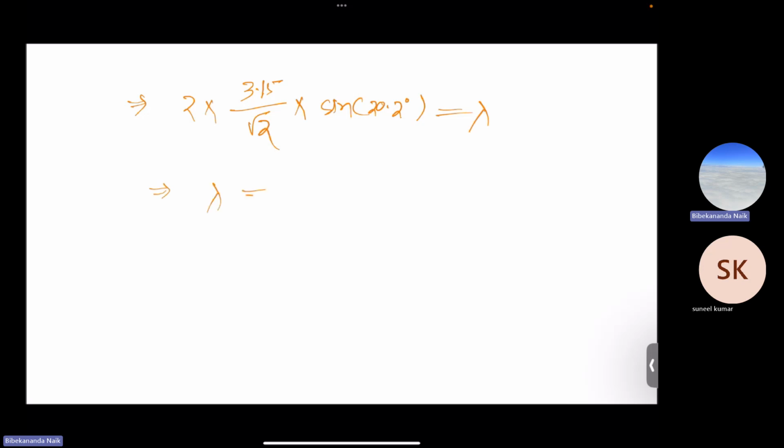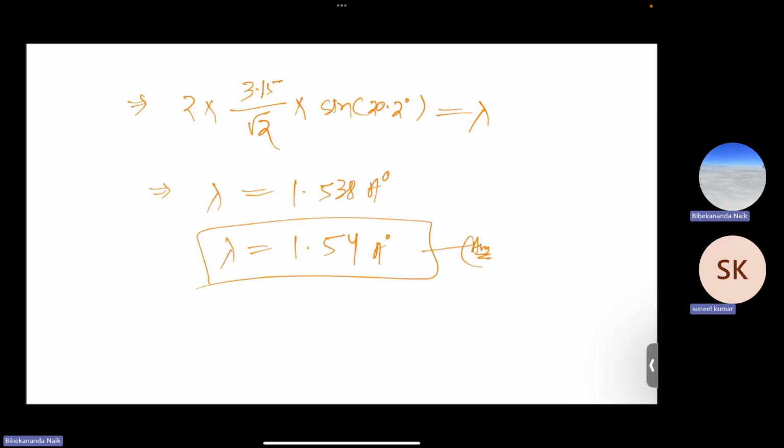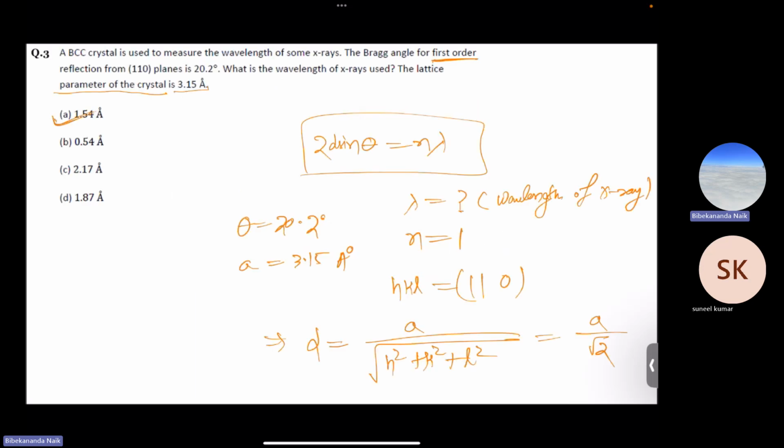If you calculate, lambda will be 1.538 angstrom, and if you round it up to two digits, it will be 1.54 angstrom. So the wavelength of X-ray used is 1.54 angstrom, and the correct option is option A.